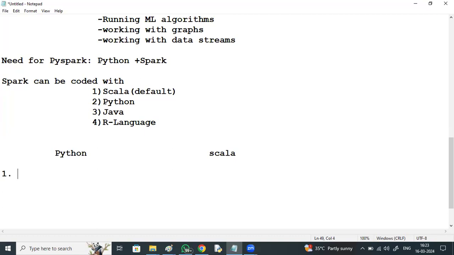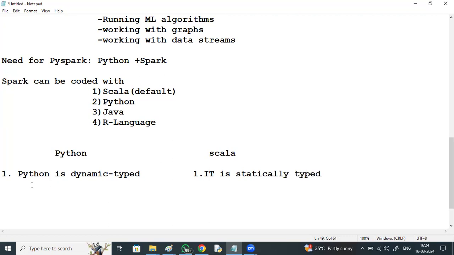Python is dynamic type, and Scala is static.